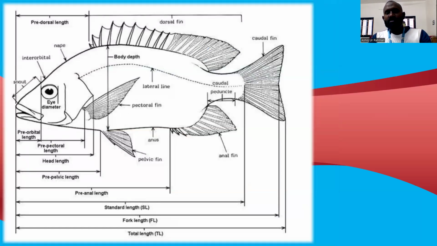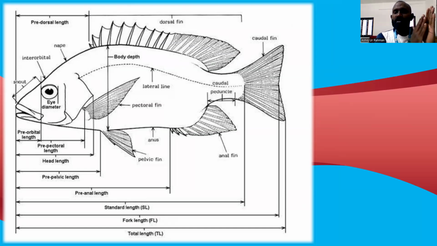So this again is a typical fish. It shows the measurements of a fish, how to measure a fish. You can see that all the measurements start from the snout region, at one end, and end at the farthest end, which is the tail, right?